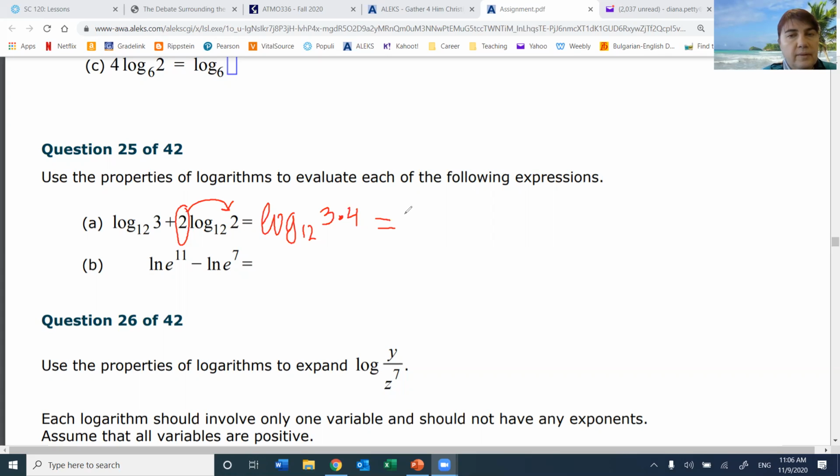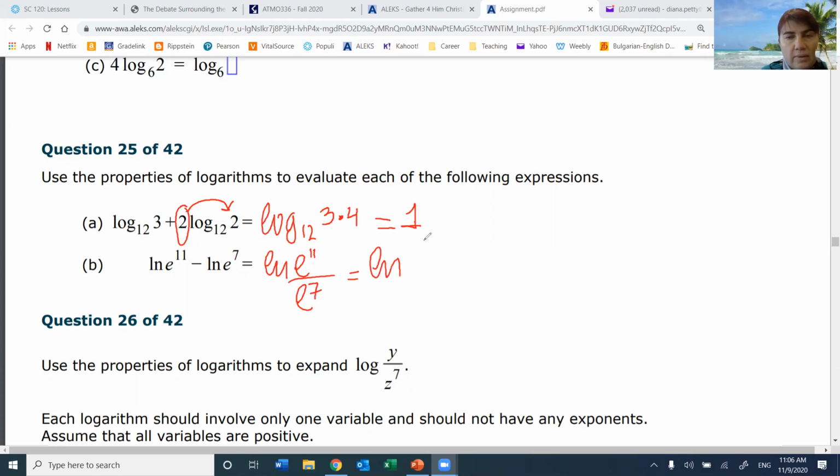Yes. Yeah, this is just 1. Look how nice. Yeah. So the next one, to apply the rules for exponents.